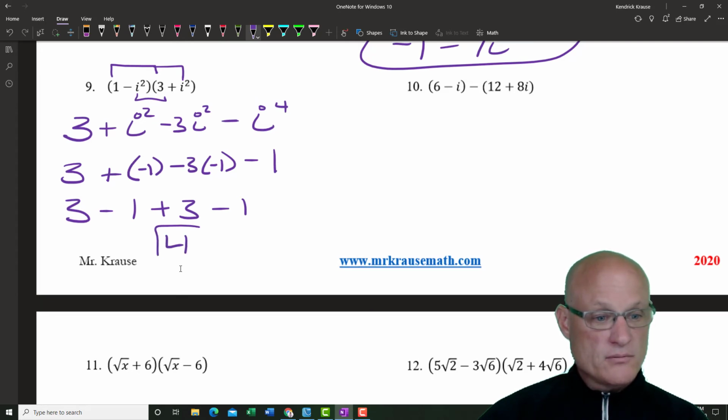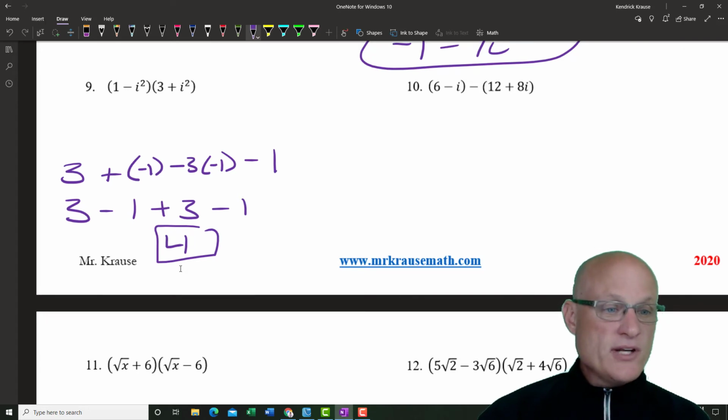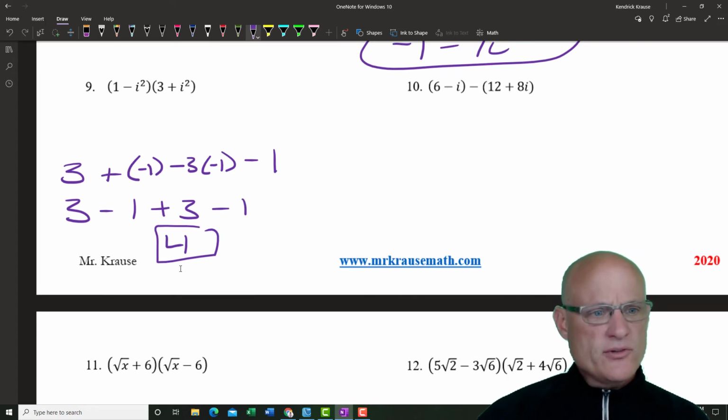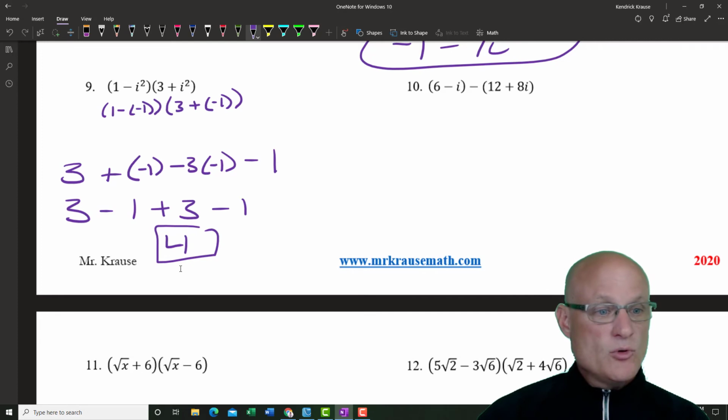Now, watch this. If you notice something right away, it makes this problem about 100 times easier. Isn't i squared negative 1? So isn't this really just 1 minus negative 1 plus 3 plus, or times 3 plus negative 1 here? Well, this becomes a big plus.